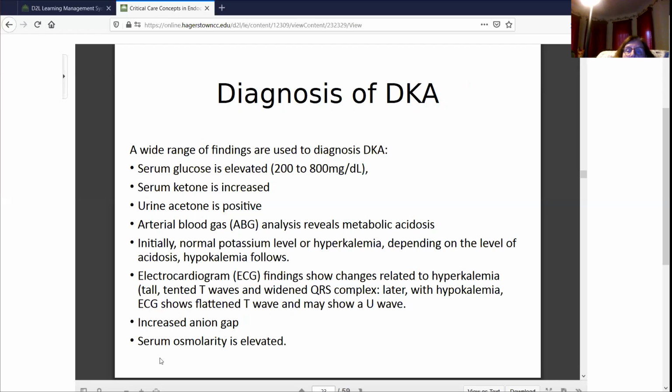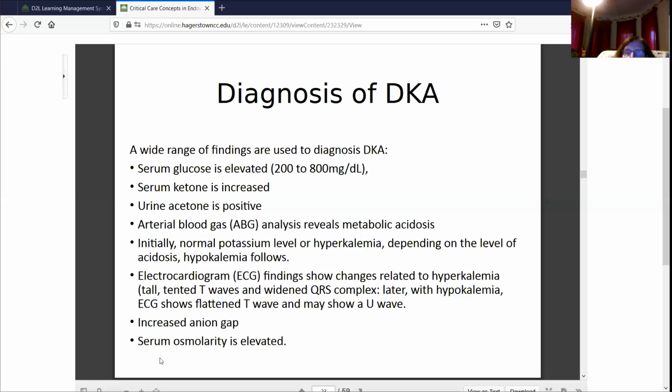Initially, normal potassium level or hyperkalemia, depending on the level of the acidosis, and then hypokalemia follows. But initially, it's high potassium, and then the hypokalemia is evident. Electrocardiogram findings show changes related to hyperkalemia: tall tented T waves and widened QRS complexes.